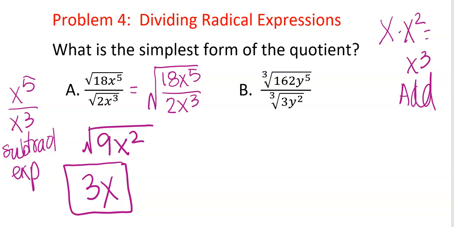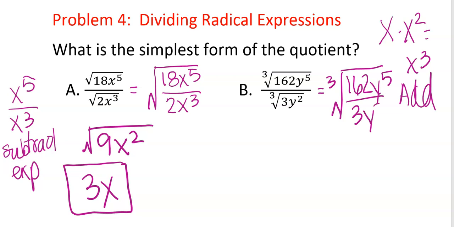Okay, let's do another one. So we're going to put this one together, just like we did the last one. So it's going to be the cube root of 162y to the 5 over 3y to the 2. Because right away, I don't know the cube root of 3, I don't know the cube root of 162, so you can't really do them separately.